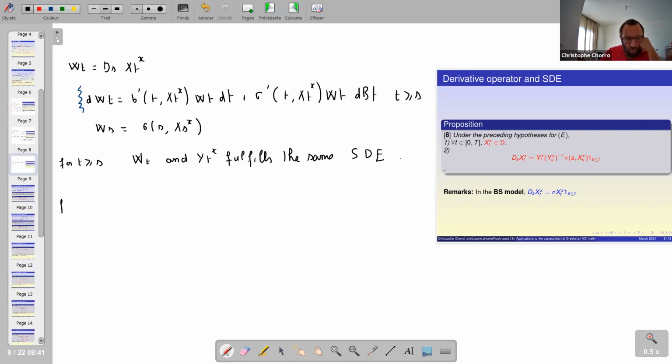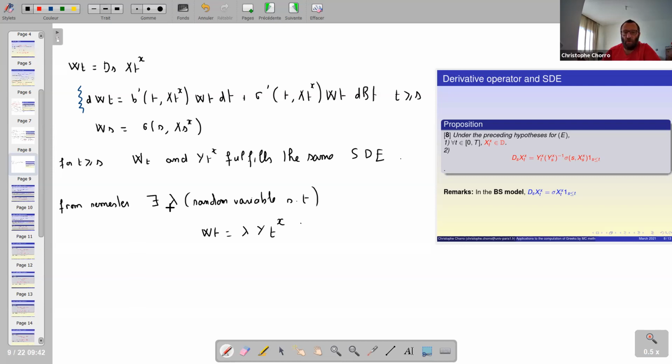So from what you know from semester one, there exists lambda, a random variable, such that W and Y are proportional.